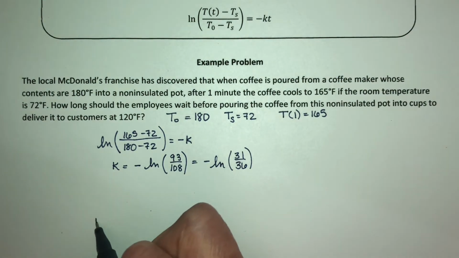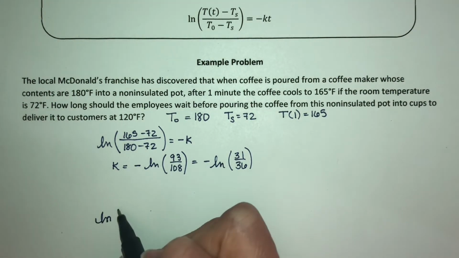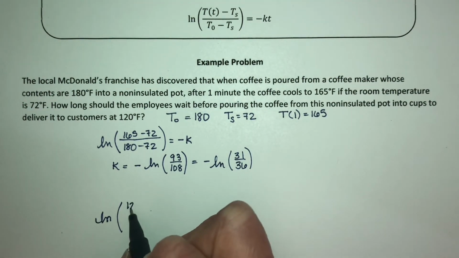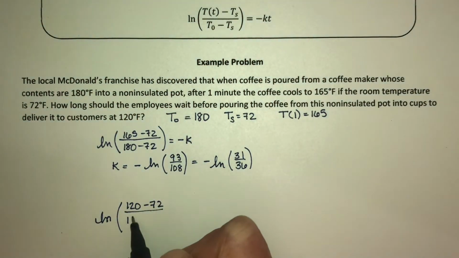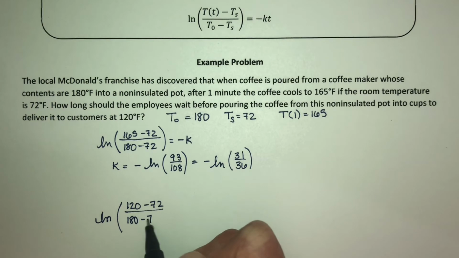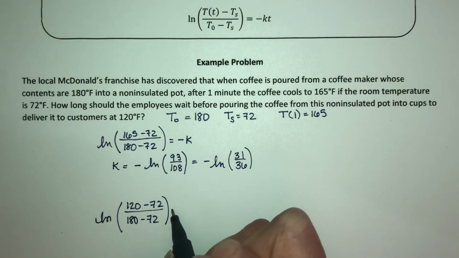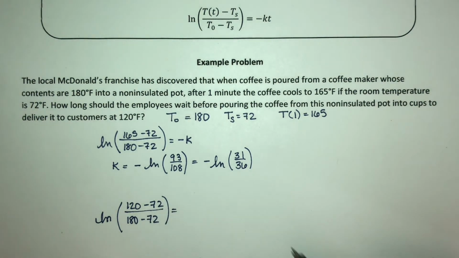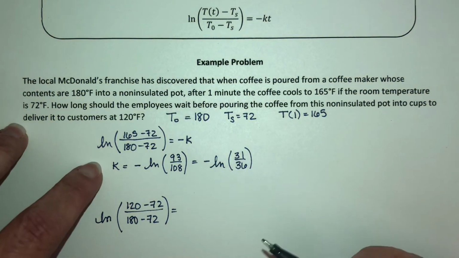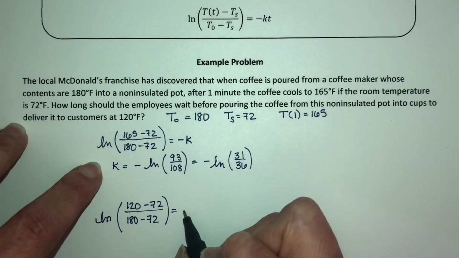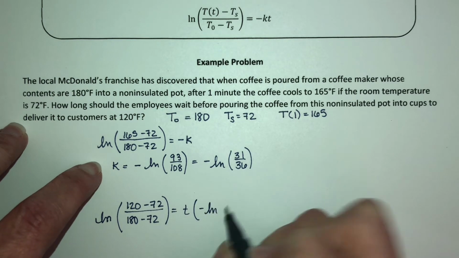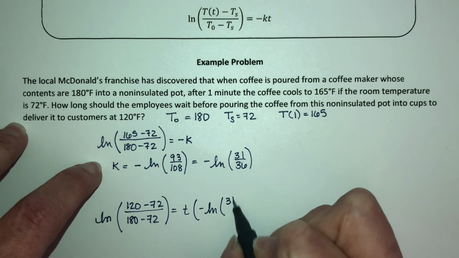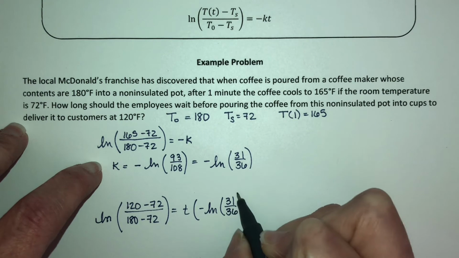So I have natural log of 120 minus 72 over 180 minus 72 is equal to k times t. So t times negative natural log of 31 over 36.